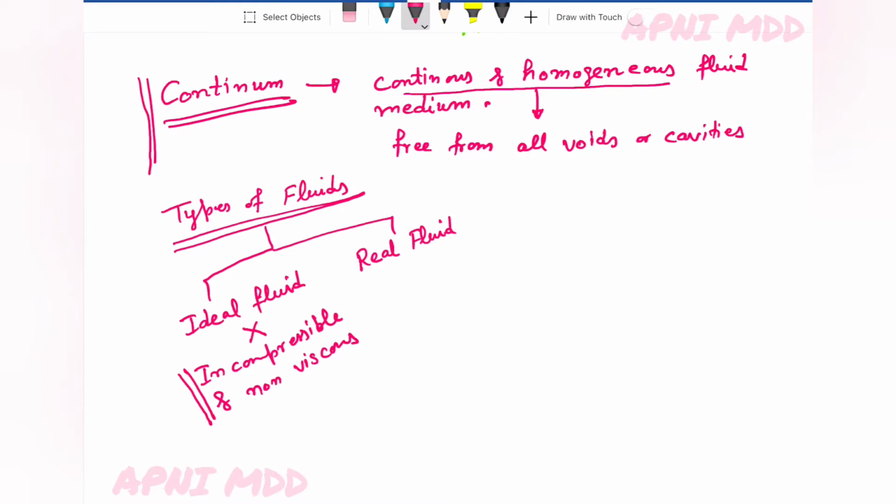Now in real fluid, we have different categories. First category we call as Newtonian fluids.